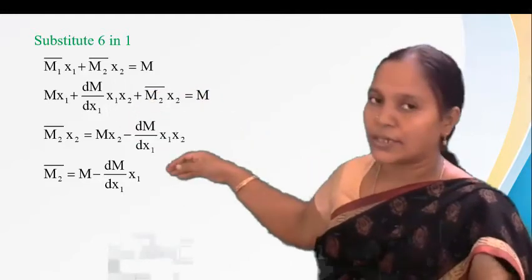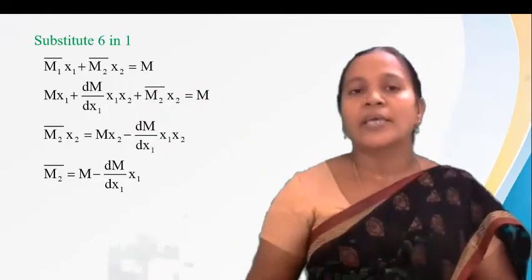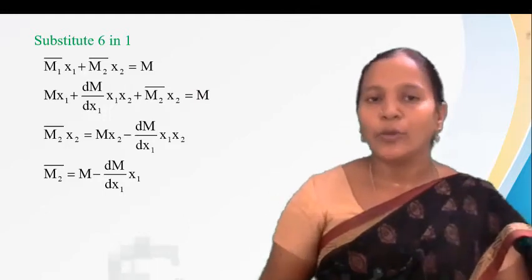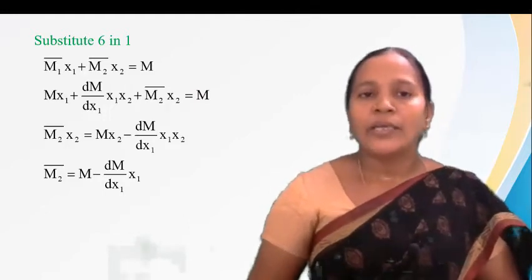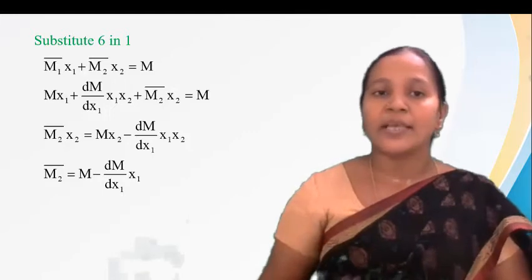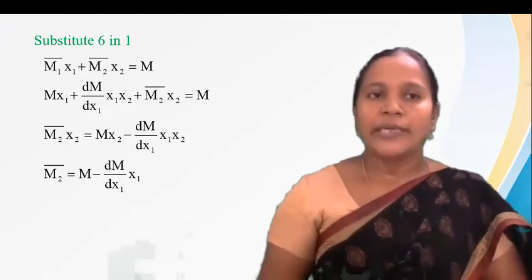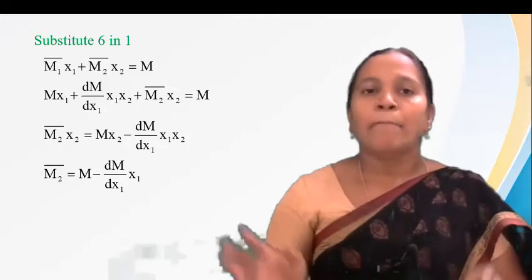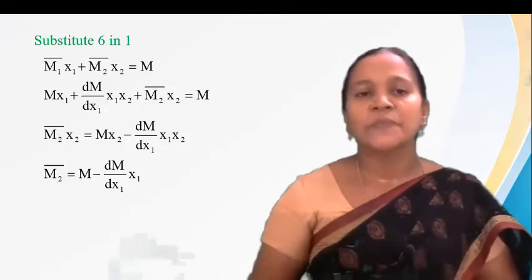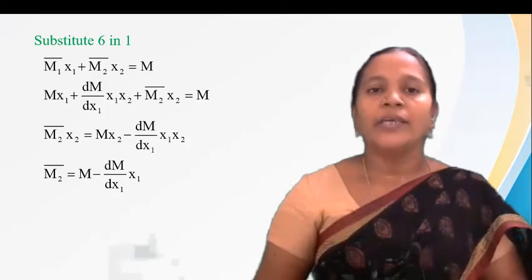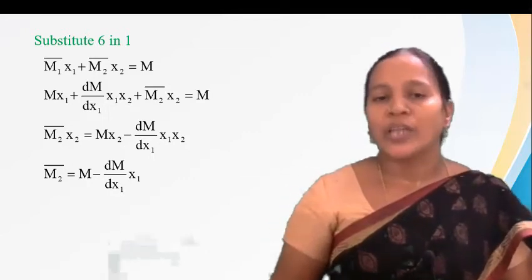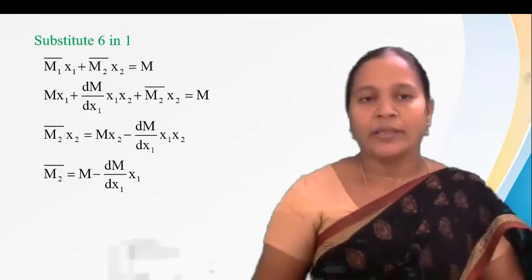Therefore, M2 bar is equal to M minus dM/dx1 into x1. Here, M2 bar means partial property of species 2, M1 bar is the partial property of species 1, and M is the total property.